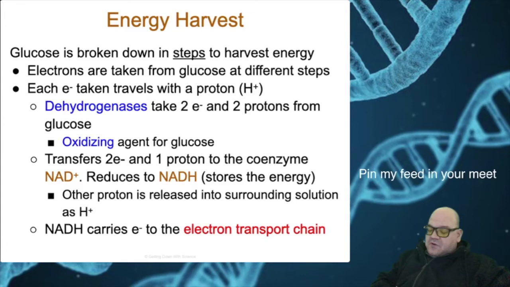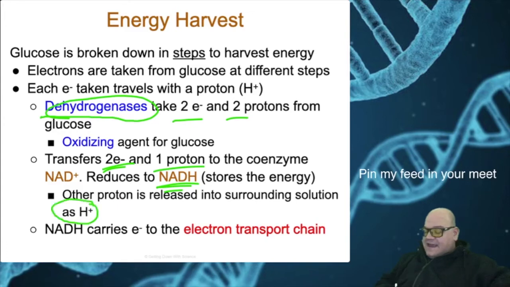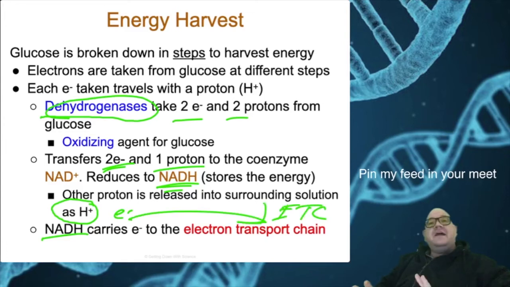And this is another energy storage molecule. You get other protons that are broken off as hydrogen ions, and NADH is an electron carrier. So it's going to carry these electrons over to the ETC, electron transport chain. There's a lot going on here, but when we break it down into individual steps, it'll be easier.